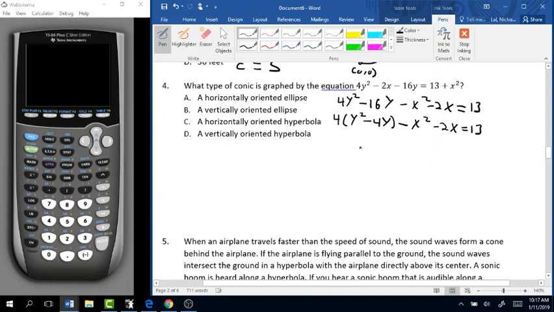So now I need to complete the square here. So here I will have 4 on the outside, and then y squared minus 4y plus my complete the square term. I'm doing this to get this into a perfect square trinomial. Minus x squared minus 2x plus my complete the square term is equal to 13 plus both complete the square terms.